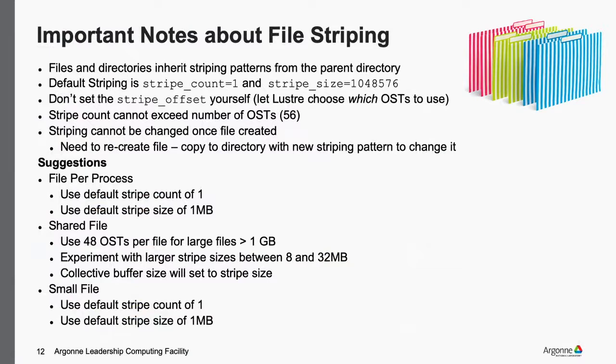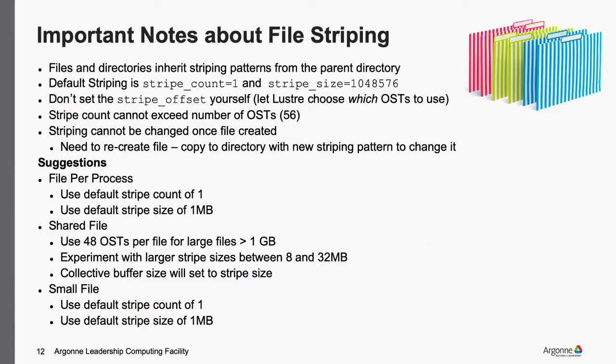So if you want to restripe the file, you want to give different settings. For example, let's say you copied a file onto the system, and then you forgot to set the stripe parameters, but you want to read it from your job, and you want to get more parallelism. Then the only way to change these settings is to make a copy of the file and make sure that the settings are set correctly for your copy.